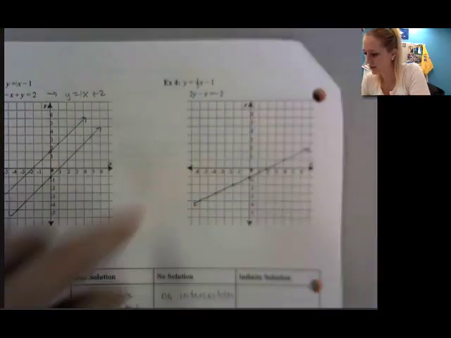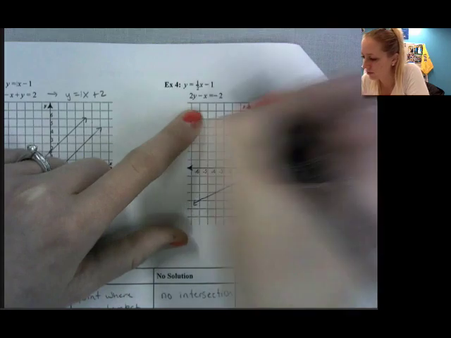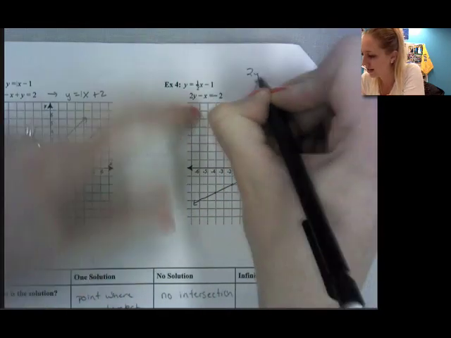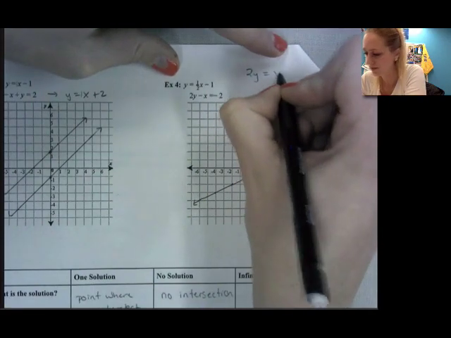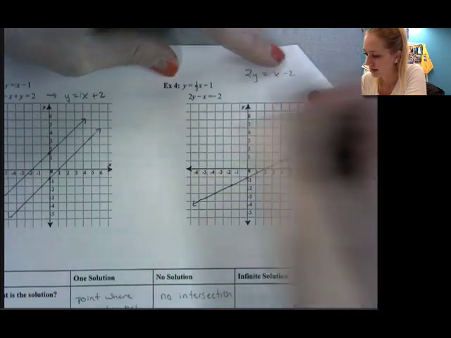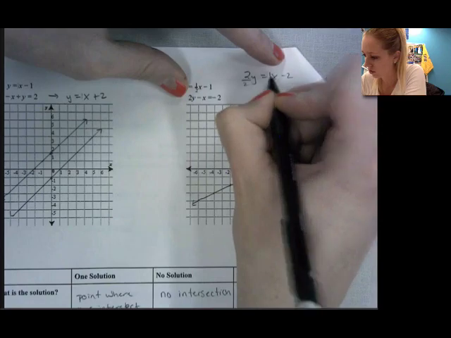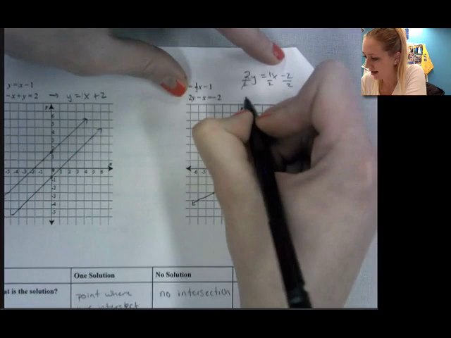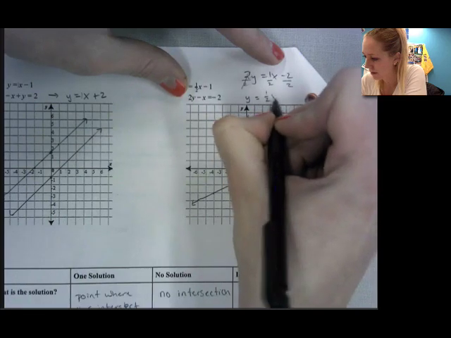Okay, I'm going to rewrite this one. So I'm going to go ahead and add x. So now I have 2y equals positive x minus 2. Now divide everything by 2, and remember there's like a 1 sitting there, so I'm going to divide that by 2 as well. So I get y equals 1/2 x minus 1.